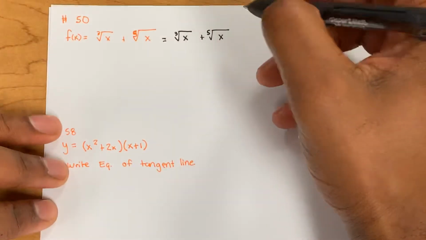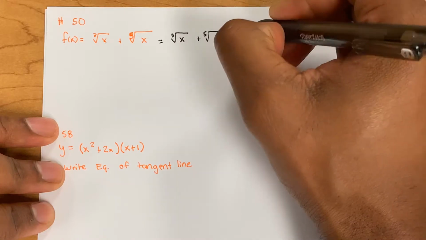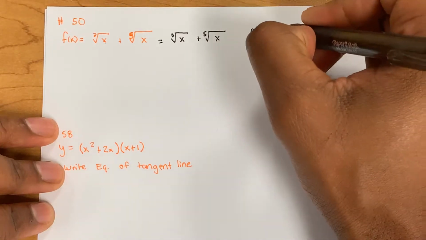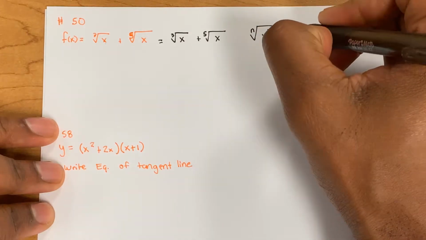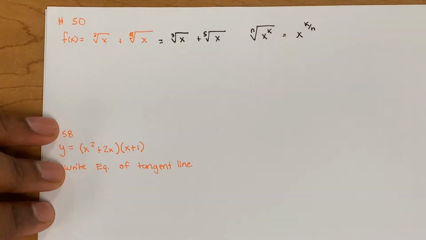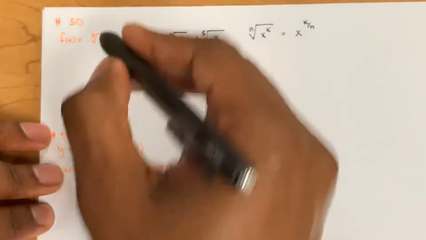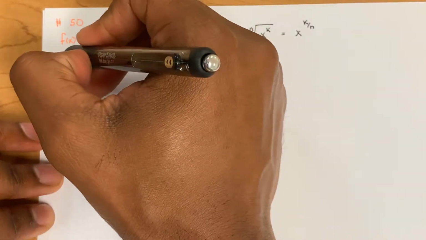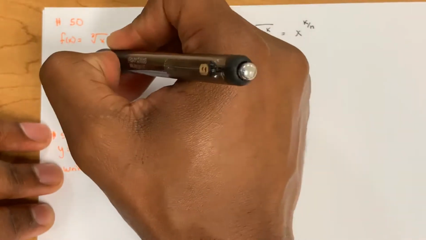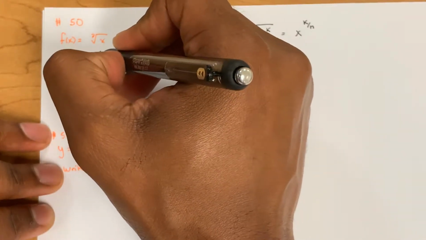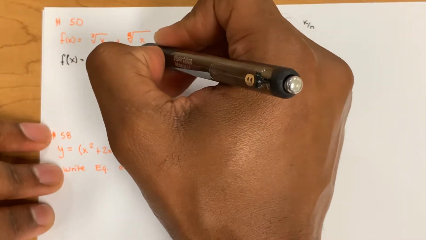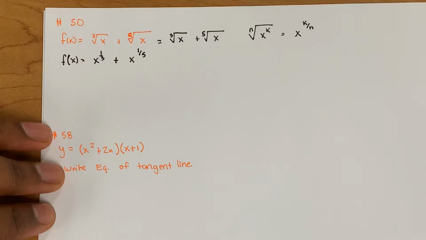So anytime we have the nth root of x to the k power, that's going to be x to the k over n as an exponent. So anytime we see radicals, immediately we want to maybe rewrite the problem. If you can internalize and remember, it's not necessary, but I would just recommend writing it down so you can see it.